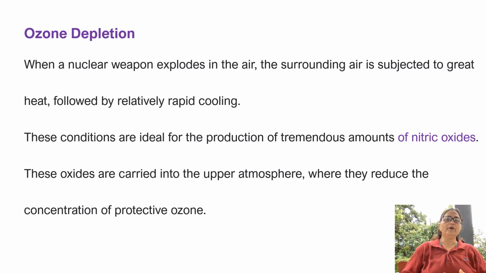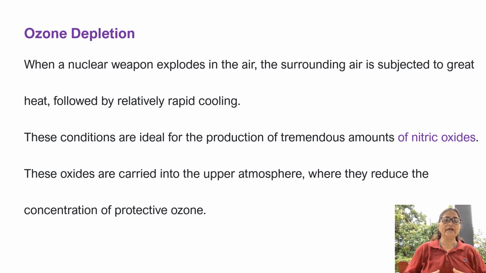Another important factor of radioactive fallout is the ozone depletion of our environment. How does it deplete? When a nuclear weapon explodes in the air, the surrounding air is subjected to great heat followed by relatively very rapid cooling. These conditions are ideal for the production of tremendous amounts of nitric oxide.